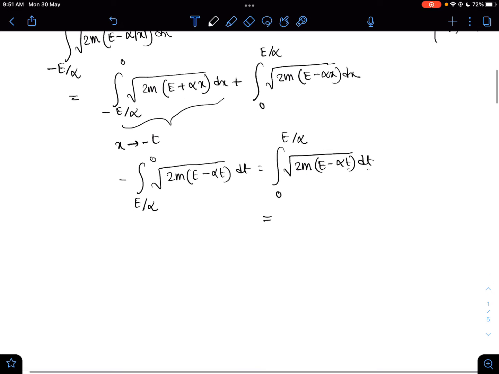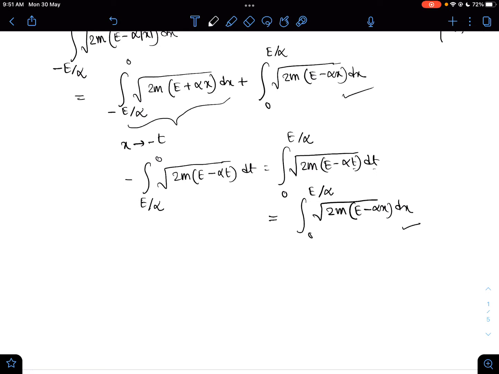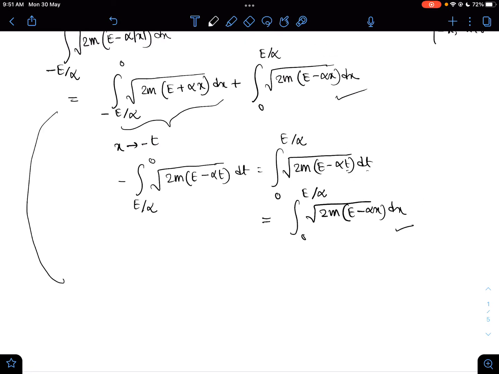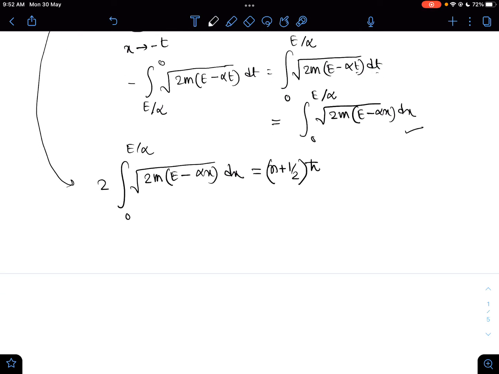If we write x in place of t, then we have the integral from 0 to E by alpha of root under 2m E minus alpha x dx. So this integration is the same as the other. So we can write this term as 2 times the integral from 0 to E by alpha of root under 2m E minus alpha x dx, and that will be equal to n plus half h cut. So we have to evaluate this integral.